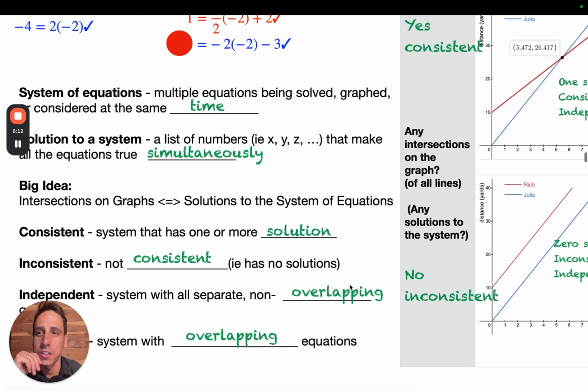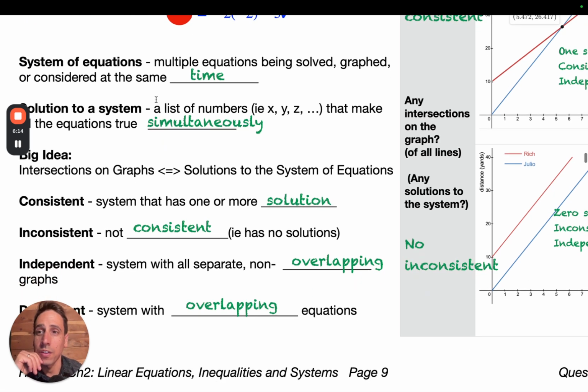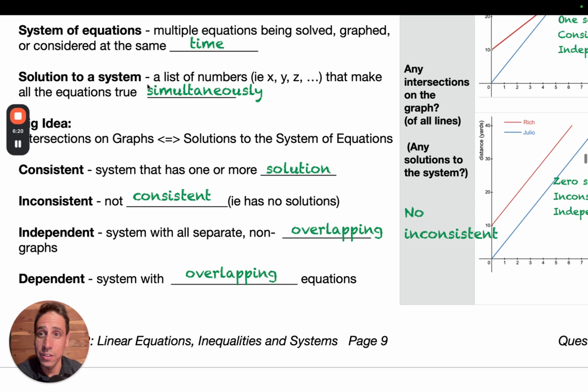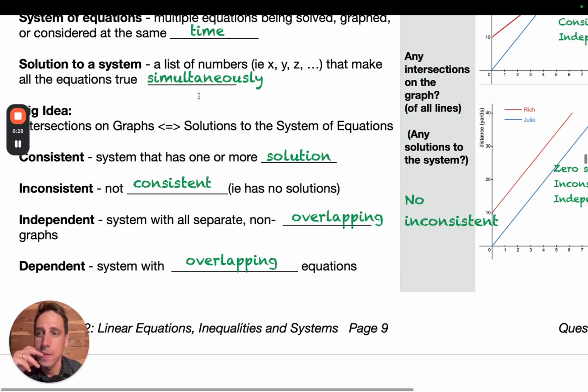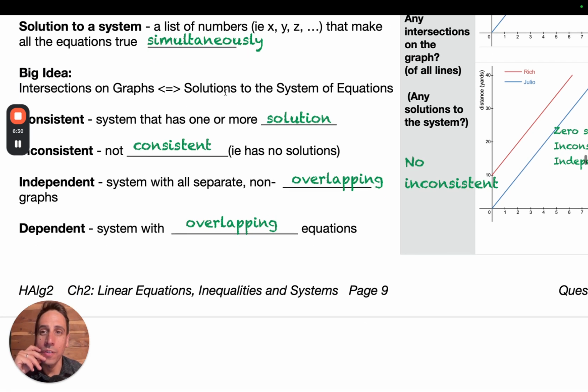So, some definitions. We've got a system of equations, or multiple equations that are being solved, graphed, or considered at the same time. A solution to this system would be a list of numbers that make all the equations true simultaneously. The big idea is that we're solving these graphically, so intersections on graphs are going to be the same as solutions to the systems of the equations. You find an intersection, it's the same as a solution.